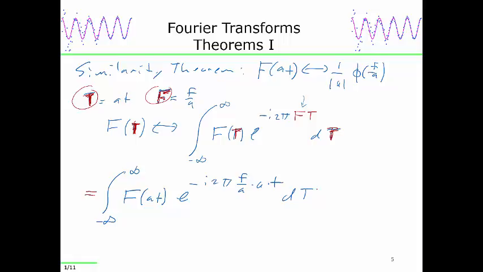How do I get rid of that capital T as the variable of integration? Well, I know that big T equals a t. So d big T equals a times d little t.